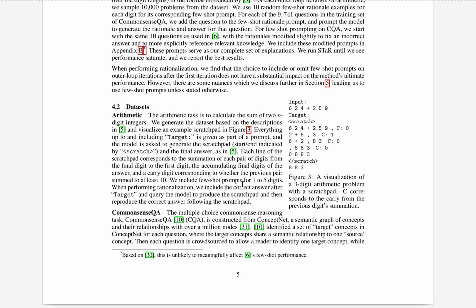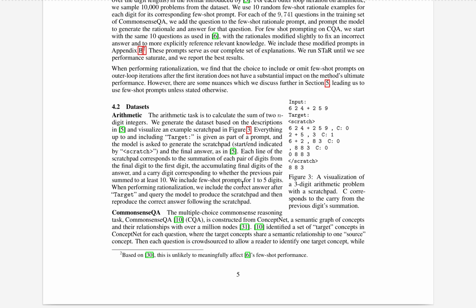Each line of the scratchpad corresponds to the summation of each pair of digits, from the final digits to the first digit. The accumulating final digits on the answer carry digits corresponding to whether the previous pair sum to at least 10. We include few-shot prompts from 1 to 5 digits.